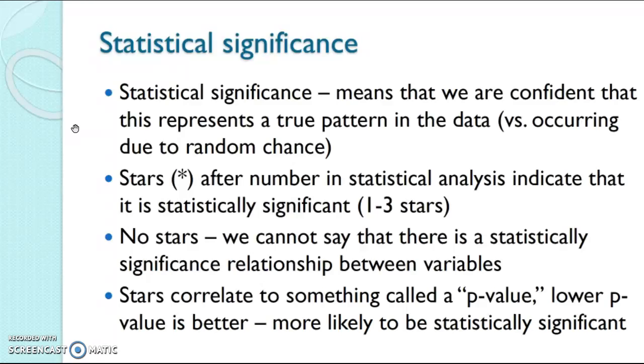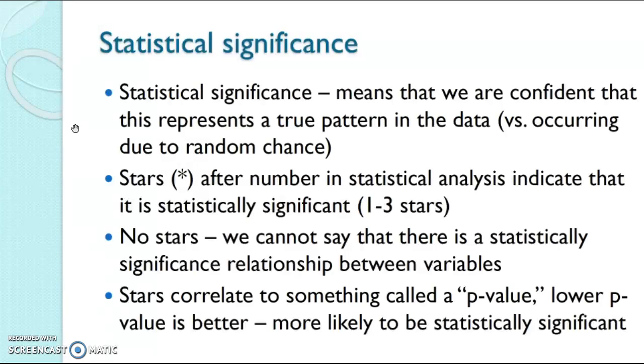Oftentimes, statistical significance is indicated by stars or asterisks. So if there are these asterisks, then yes, it is statistically significant. If there are no stars, then we cannot say that there is a statistically significant relationship. These stars correlate to something called a p-value.